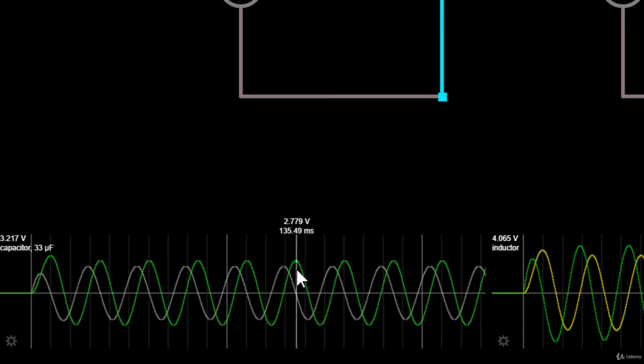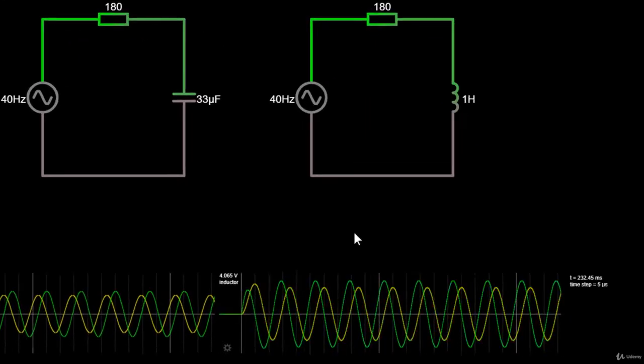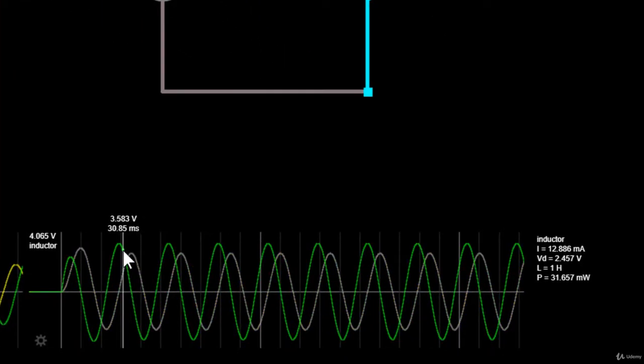When voltage across the capacitor peaks, the current stops and begins to flow in the opposite direction. On the other hand, when AC passes an inductor, the current lags voltage. So when current starts to flow, the inductor resists it and voltage across the inductor is at maximum. As the cycle progresses, the inductor voltage goes to 0, allowing current to reach its peak value.